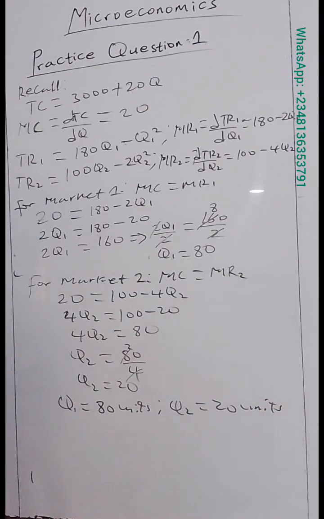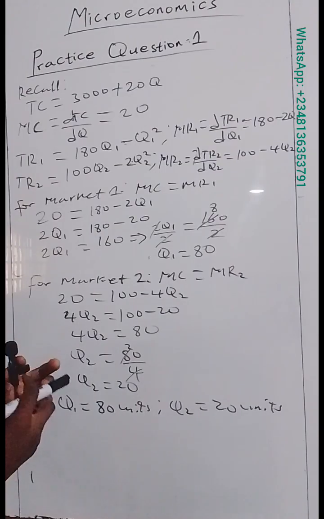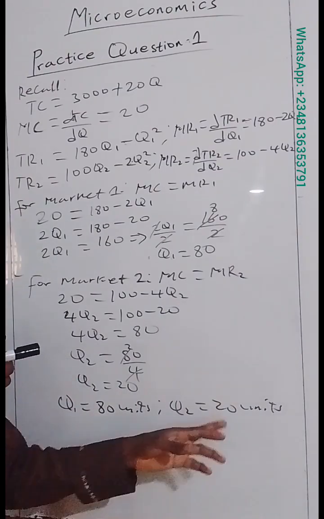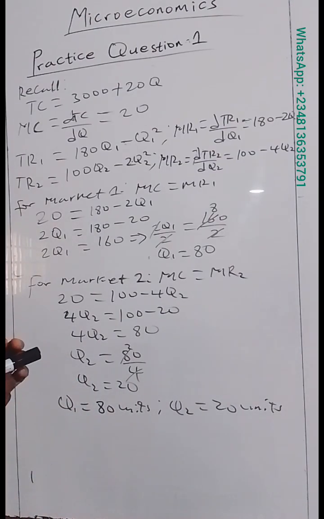So if the firm is able to discriminate, it is going to sell 80 units in market 1 and 20 units in market 2. Let's also solve the second part of the question, where we are asked to determine the price charged in each of these markets.